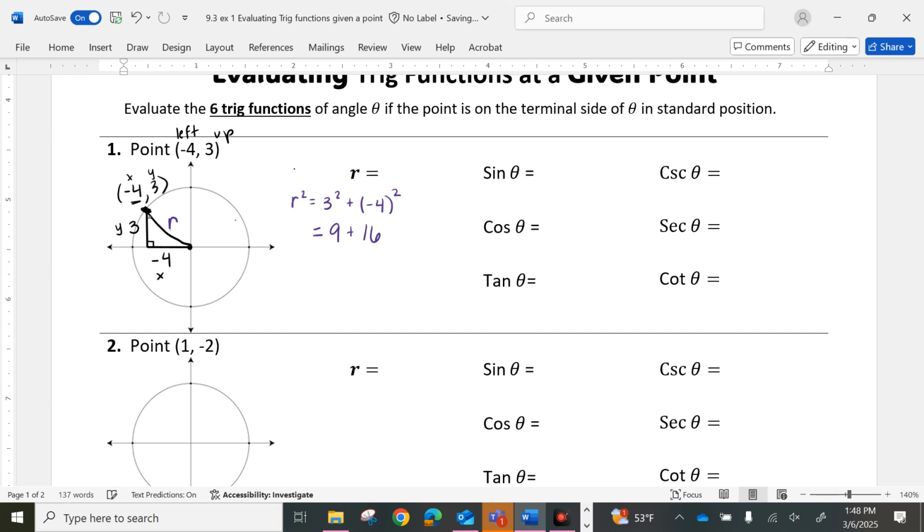So this will turn into positive 16. And then 9 plus 16 is 25. So r squared is equal to 25. Finally, to get r by itself, I will square root. I'm just doing Pythagorean theorem here, people. Yay for us. So my r is equal to 5.